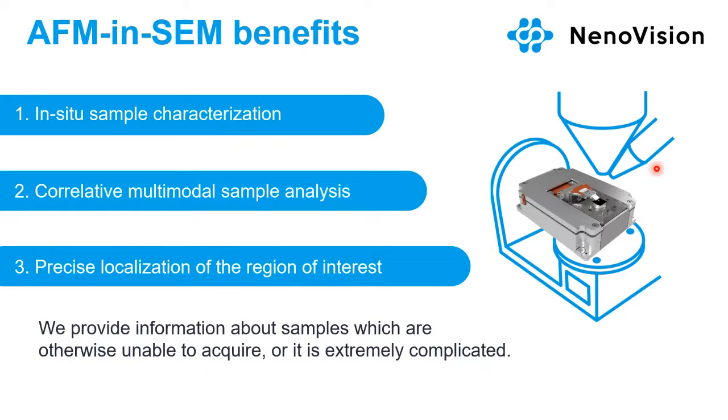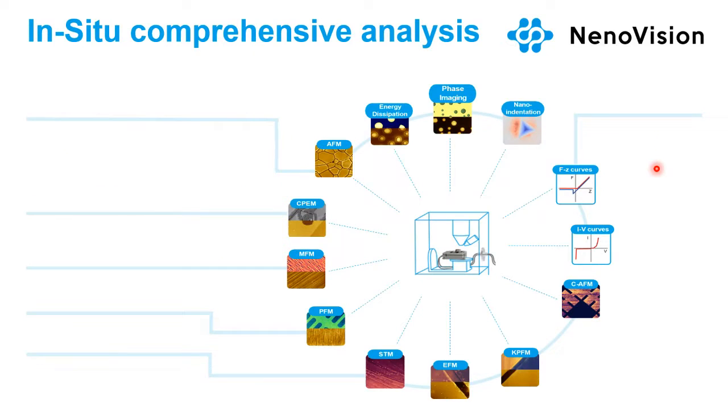We are focused on samples and measurements of information which are otherwise not possible to acquire, or the experiments are extremely complicated. We offer several modes. I would go just briefly.